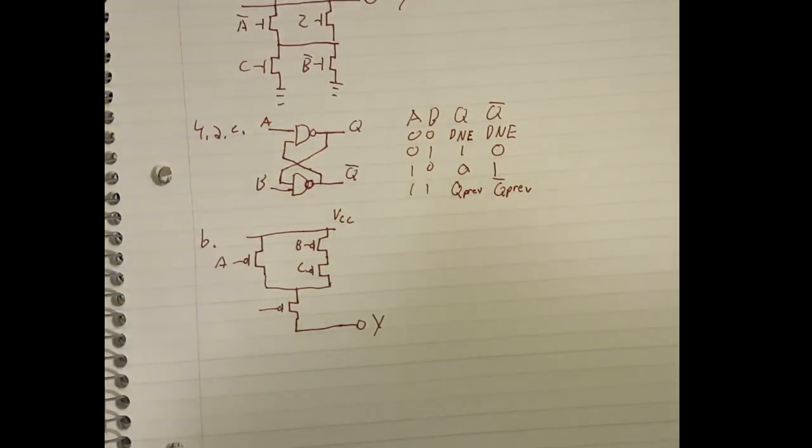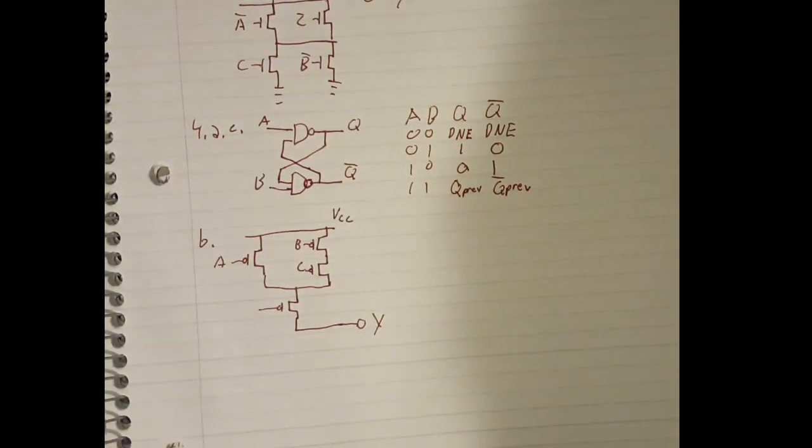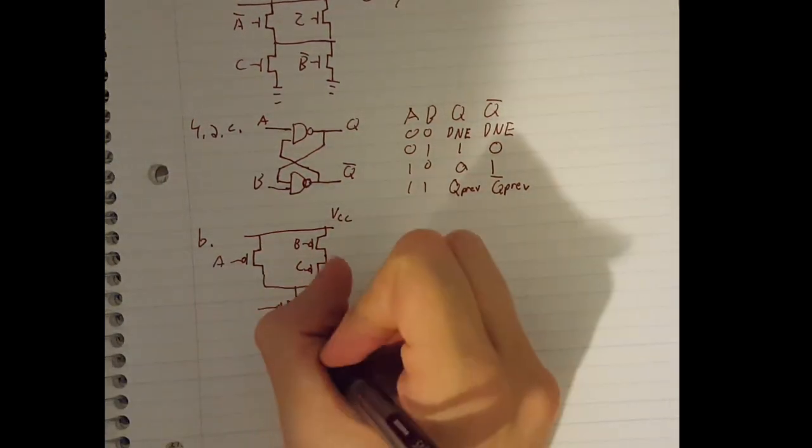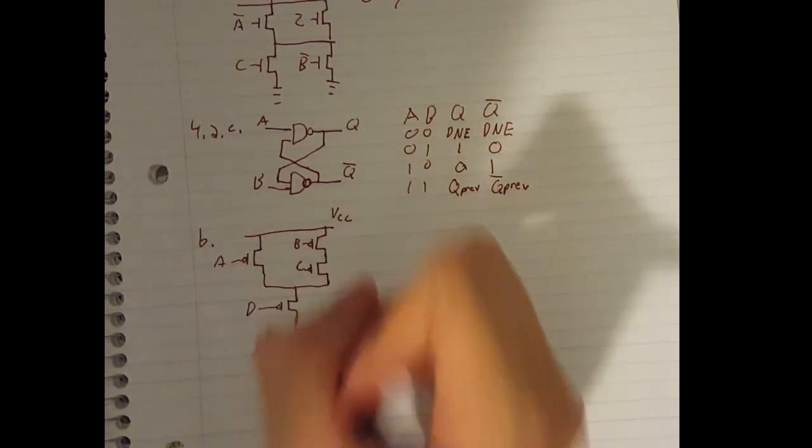And so C wants us to draw the pull-down network, so let's do that first. Oops, this is D.